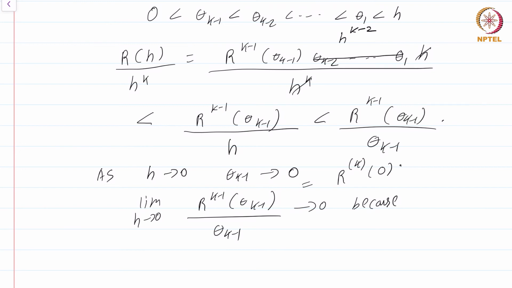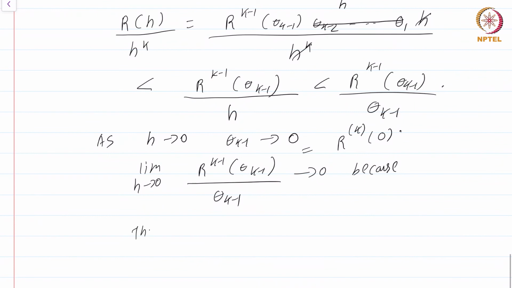So what happens is the quotient goes to r k at 0, which is 0. We know that because that's how the function r was defined. We had defined the function p to agree with function f till order k at the point h equal to 0. Okay, so this concludes the proof. This concludes proof of part 1.